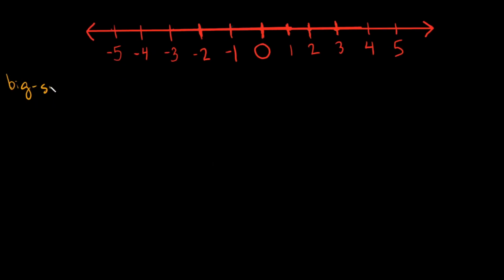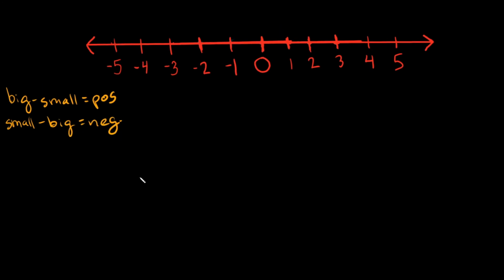So again, big minus small, it's positive. Small minus big is negative. So what if I gave you the problem negative 1 minus 3? Which one's big, which one's small? Well, on our number line, we got 3 here, got negative 1 here.